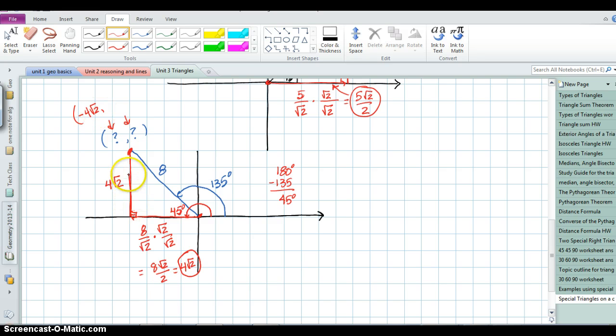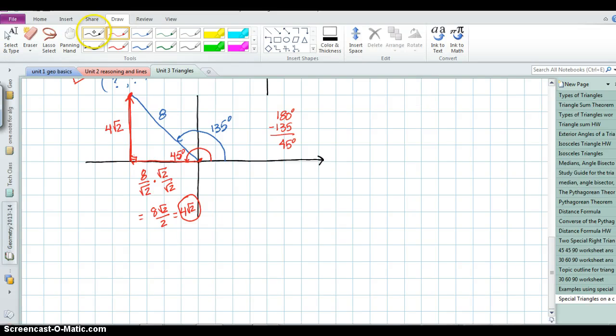And then I'm going to go up 4 rad 2, which makes that a positive 4 rad 2 for my y. You do need to pay attention to direction. Direction really does matter.